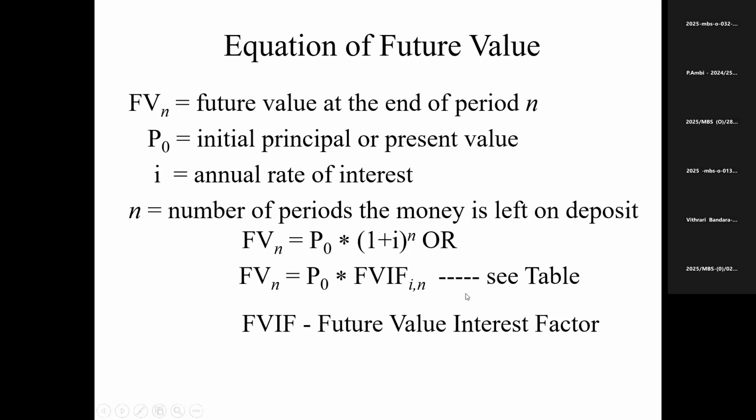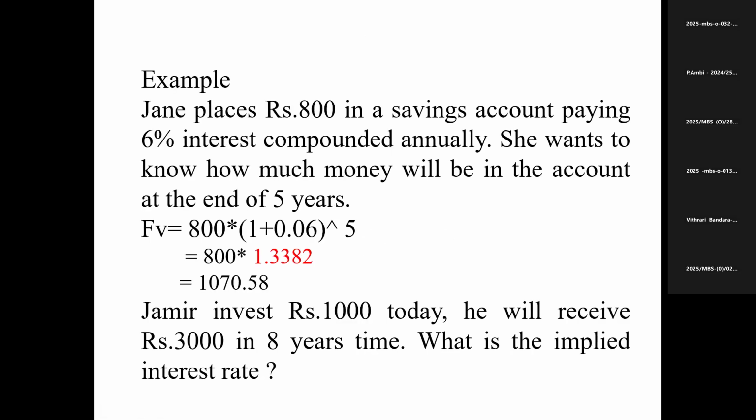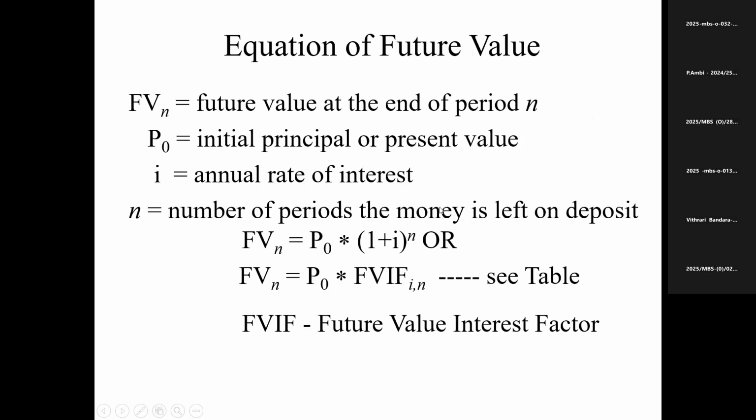Moving from this single value calculation, here Jane places 800 rupees in a savings account paying 6% interest compounded annually. Now we are going to the compound interest calculation.